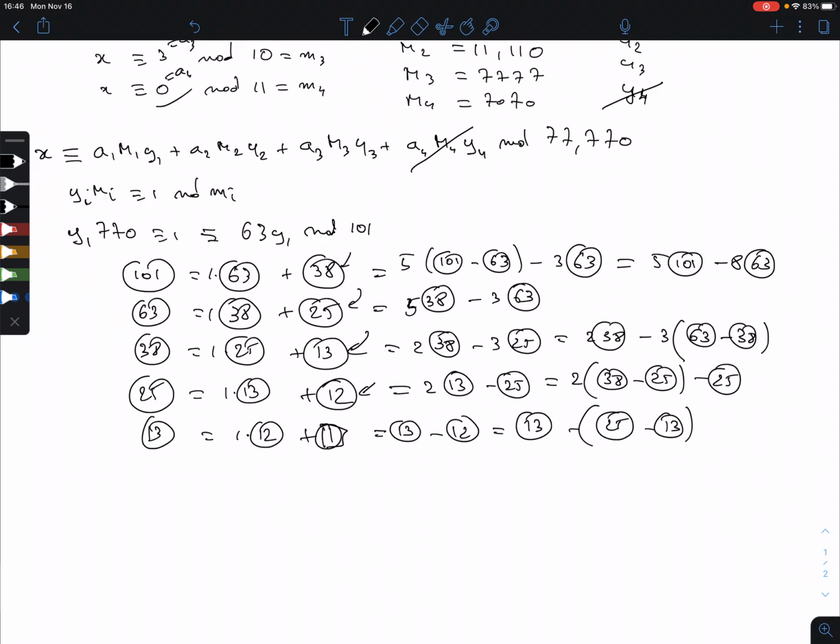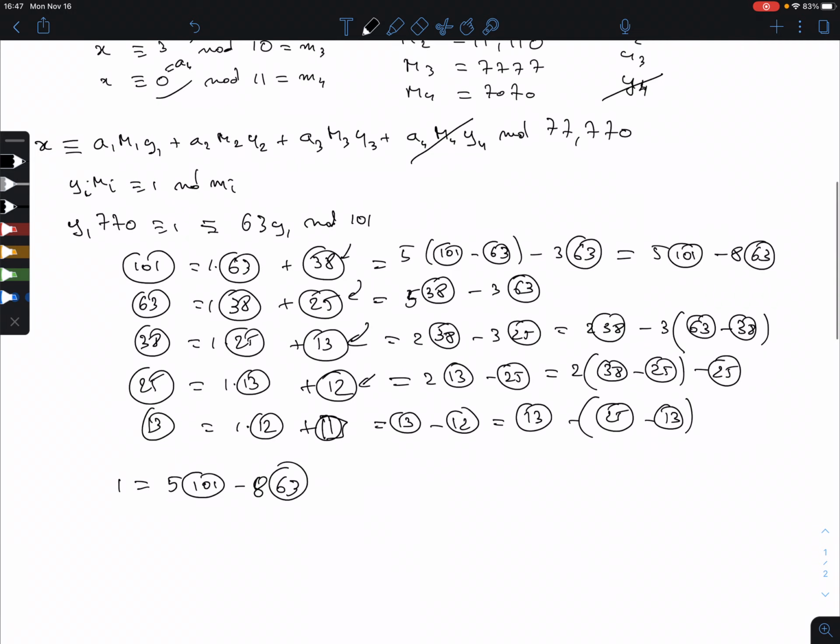Good. So what do we want? We want to do this modulo 101. Let me write it one more time here. We have found this one. Just let me double check, because I never trust myself. 8 times 63 is 504, and on the other side 5 times 101 is 505, so yes, that is correct.